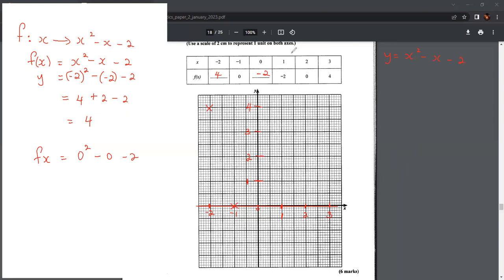Next one, when x is 0, so x is 0 here, y is -2. So y is -2. This will be -1. And it will be -2. So that means it's going to be down here.